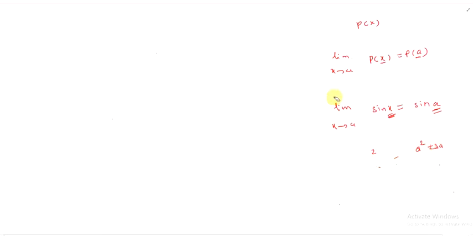Now if other forms are there, then what do we have to do, how to evaluate the limits? So we will see one by one the different forms of the functions, and then we will see how to derive their limits.